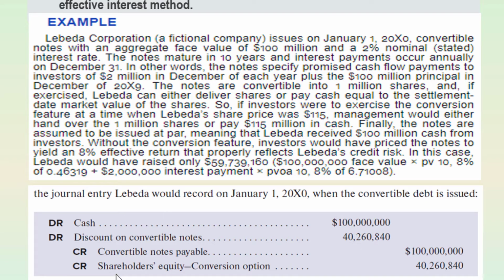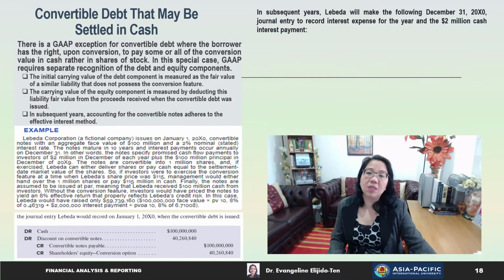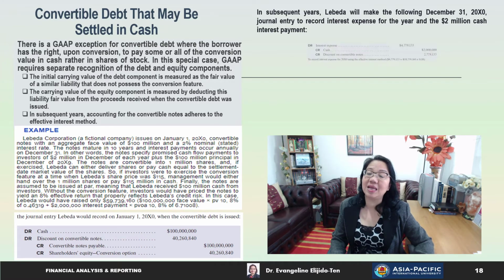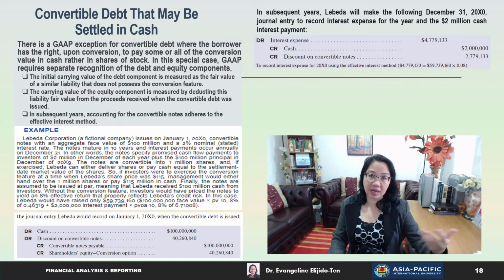And our credit would be to convertible notes payable $100 million, and credit also shareholders' equity conversion option for the discount, $40,260,840.